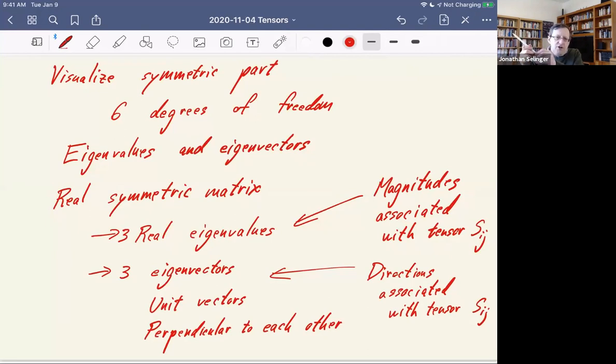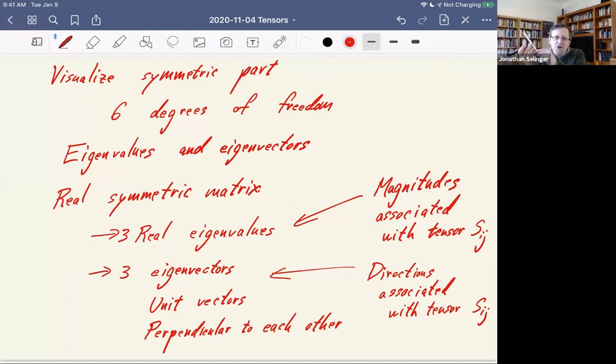So it takes two angles to specify the first unit vector. Now I want a second unit vector, which is perpendicular to the first one. So the second unit vector must be somewhere in this plane perpendicular to the first one. That takes one angle to specify.